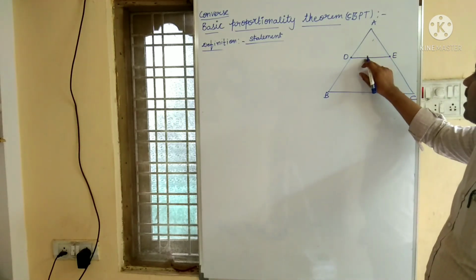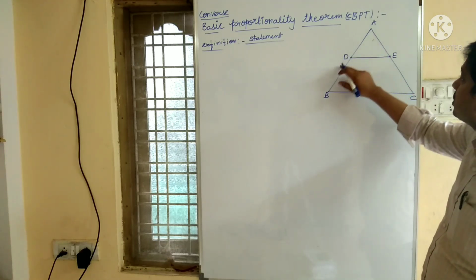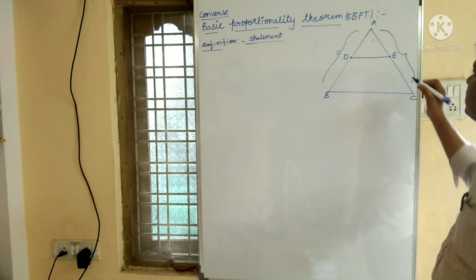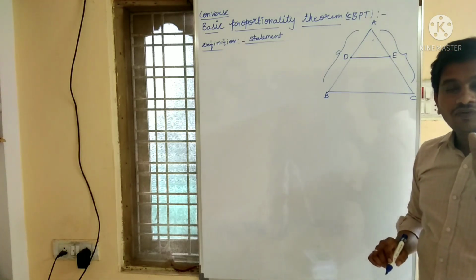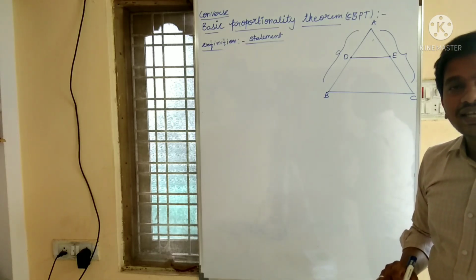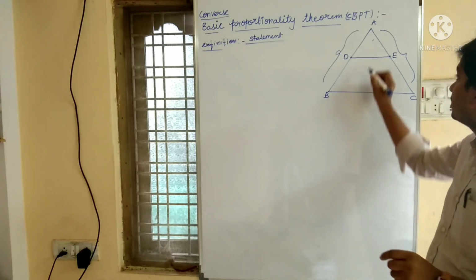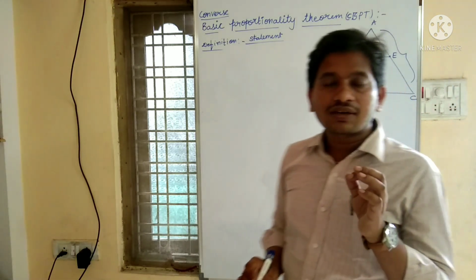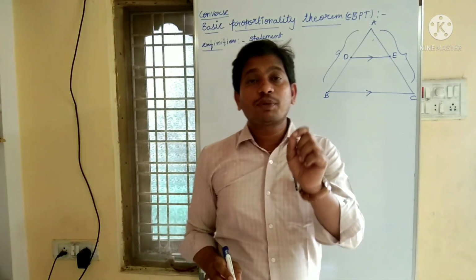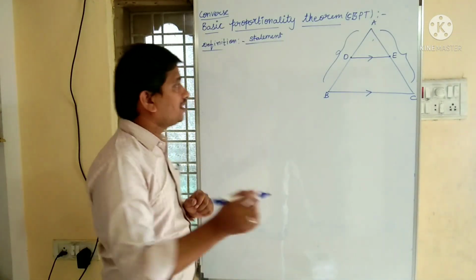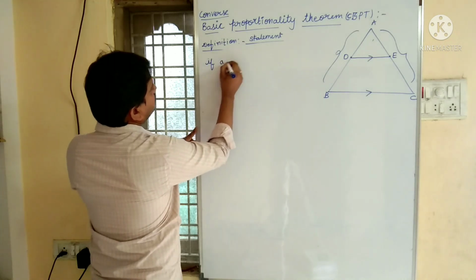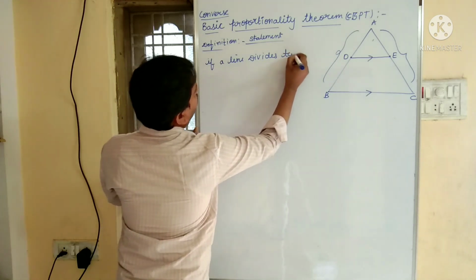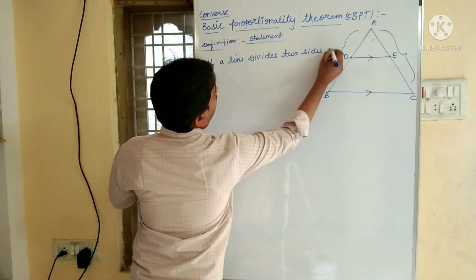DE is a line. If a line divides two sides, that is AB and AC, in the same ratio, then that line must be parallel to the third side. It is exactly the opposite of the basic proportionality theorem, children.